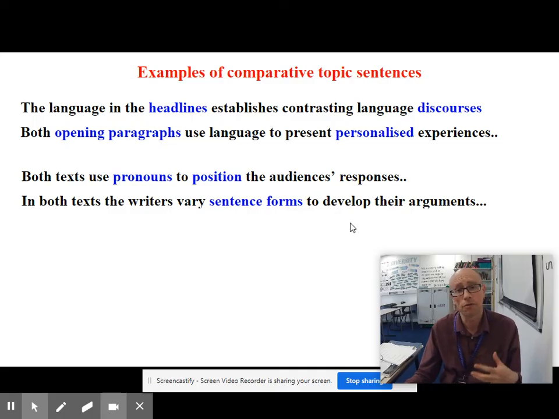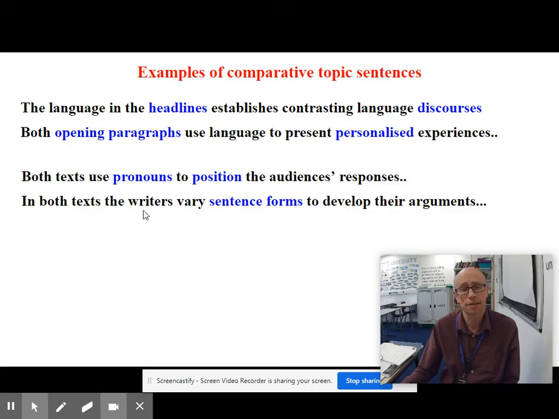A second aspect of grammar which could be useful is to look at sentence forms, by which I mean variations in sentence functions, like declaratives, imperatives, exclamatives, interrogatives. So are there variations in those sentence functions? And also, are there variations in sentence types as well? So simple sentences, compound sentences, complex sentences.